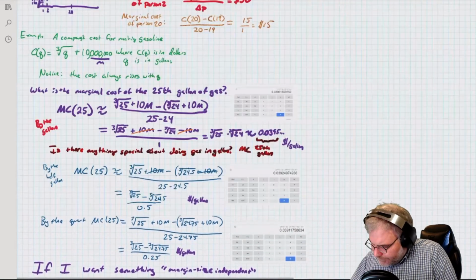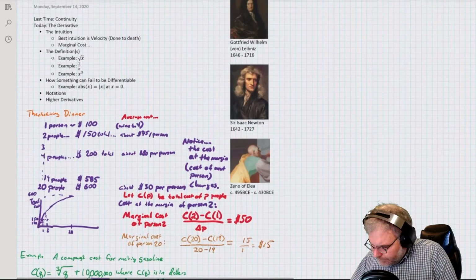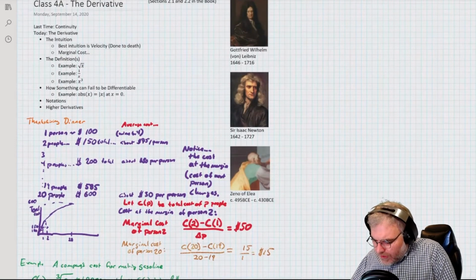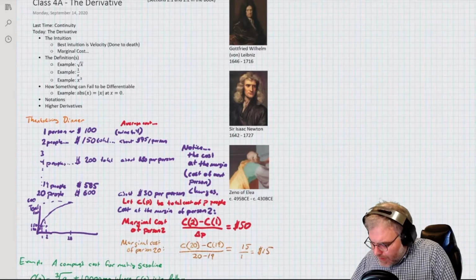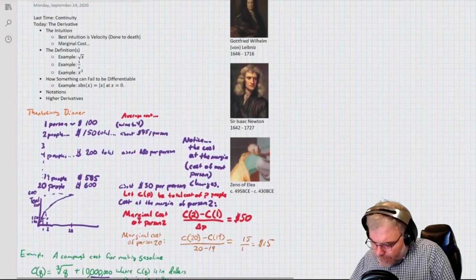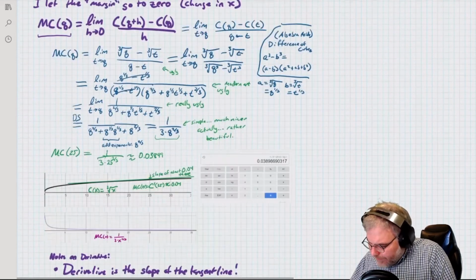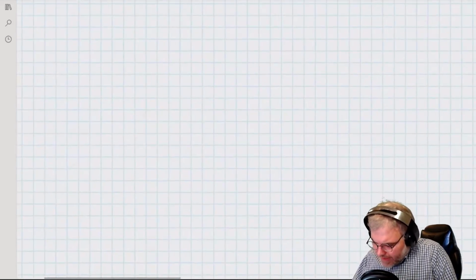Okay. We did the example of the cube root of x. I actually meant to do the square root of x, and I did the cube root instead. Oh, well. Bad me.